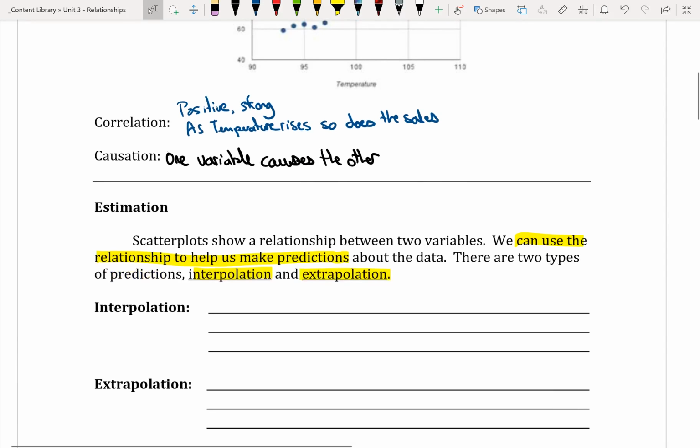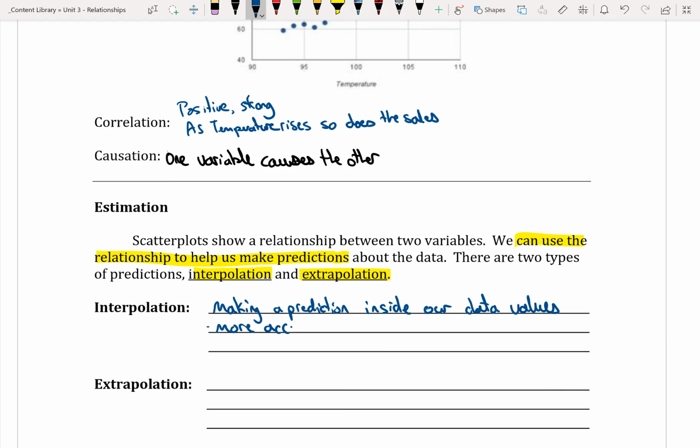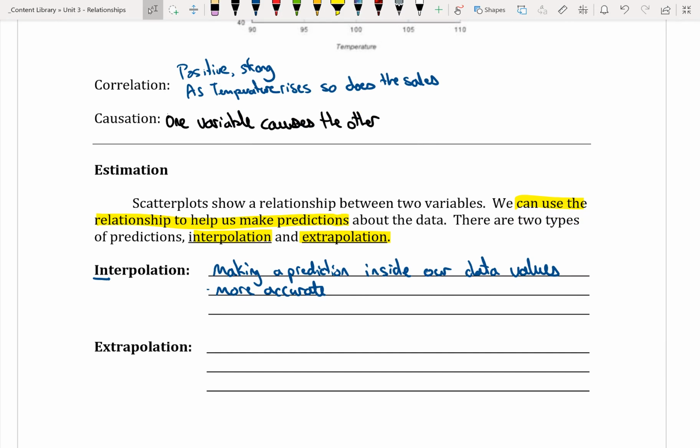Interpolation means making a prediction or estimation inside our data values. And this is considered more accurate. If you have trouble thinking of interpolation, you can just think of inter, in, right? Inter means inside, and it is more accurate, and we'll talk about that in a future note.